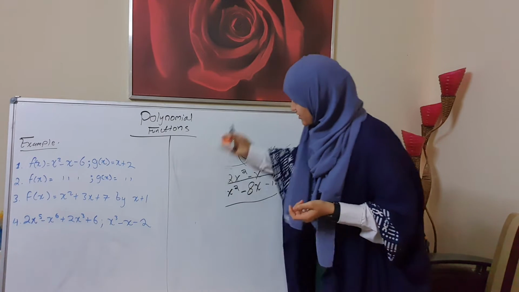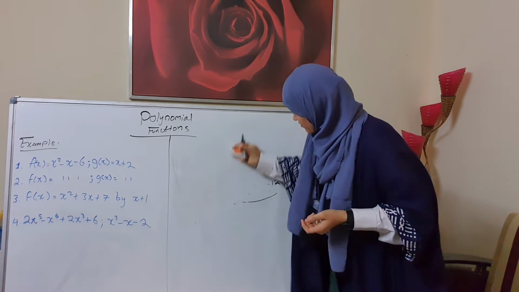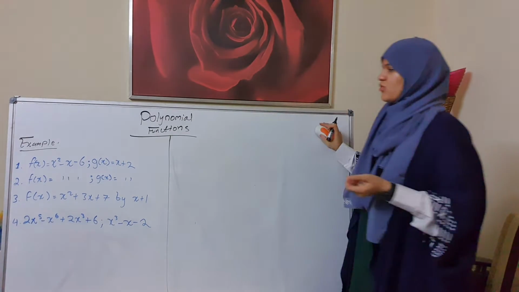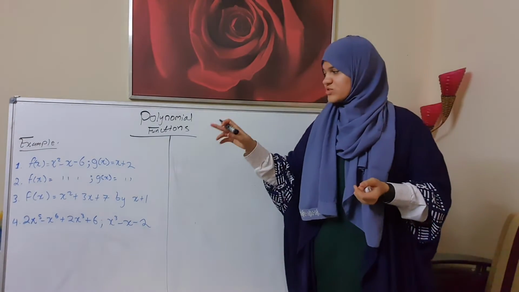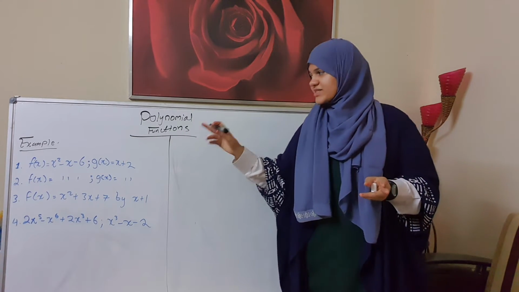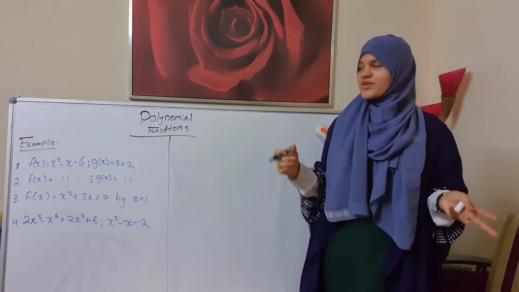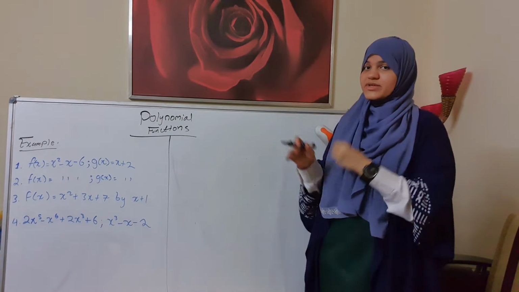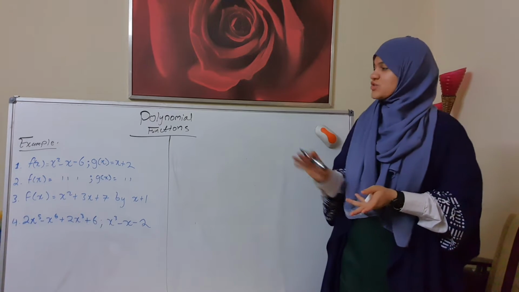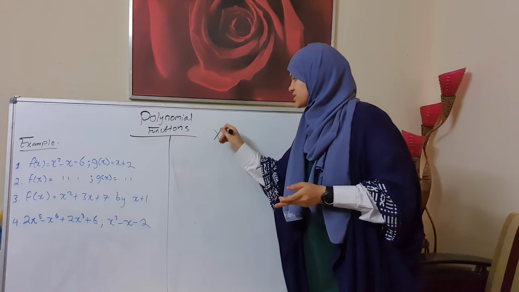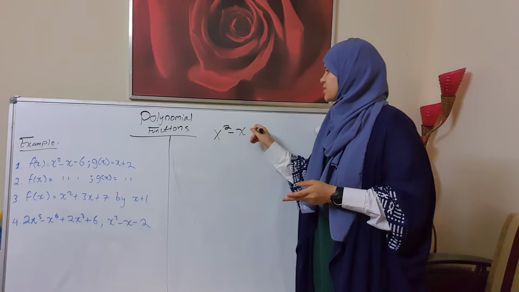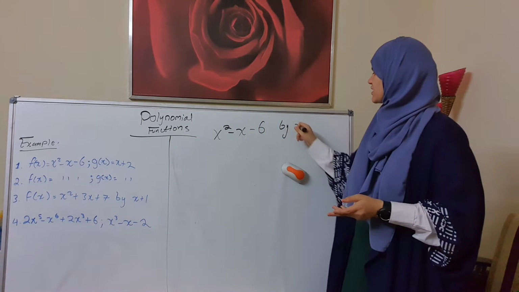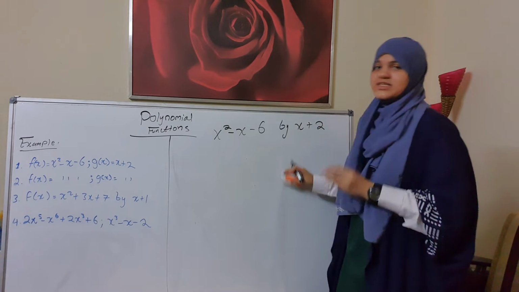So f of x is the same, x squared minus x minus 6, and g of x is x plus 2. But this time we are going to divide them, not multiply them. So it is x squared minus x minus 6 divided by x plus 2.